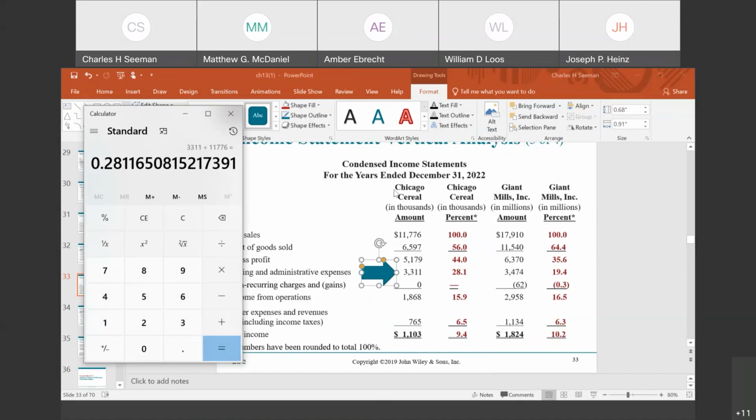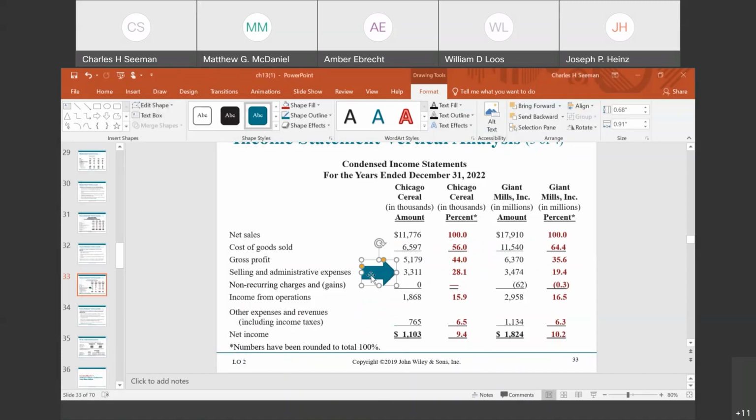So they took just the information for Chicago Cereal, the selling and general administrative expenses, and divided by the net sales to get the percentage applicable for Chicago Cereal.